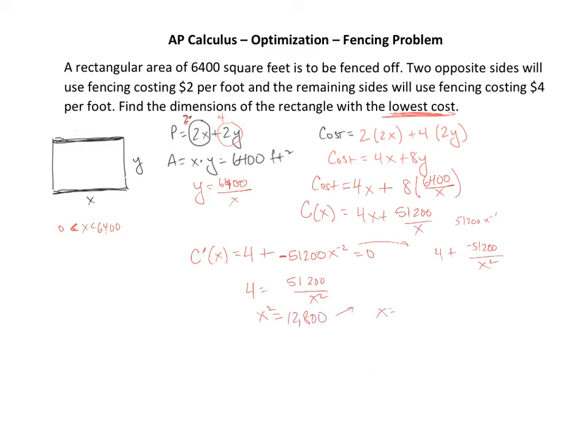Take the square root, and you get 113.1371. So that means that's the x value I choose. I could plug it back in here and find the y, and we end up with y equaling 56.5685. And what will the cost be?